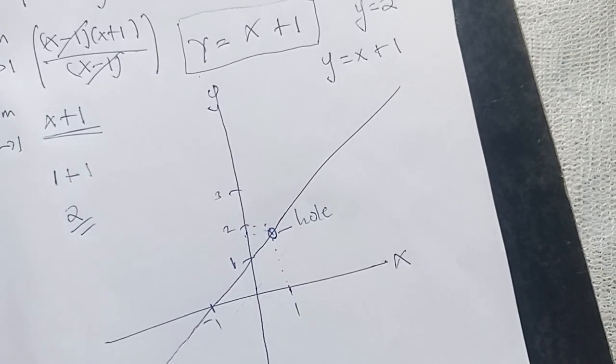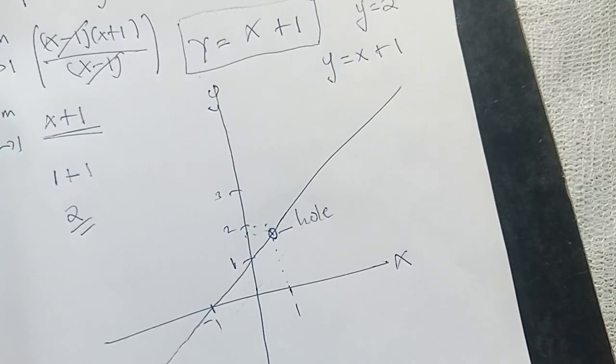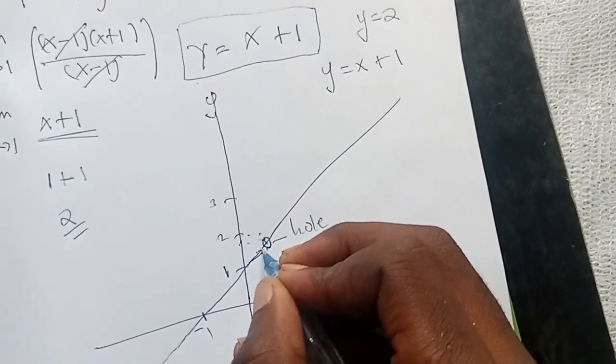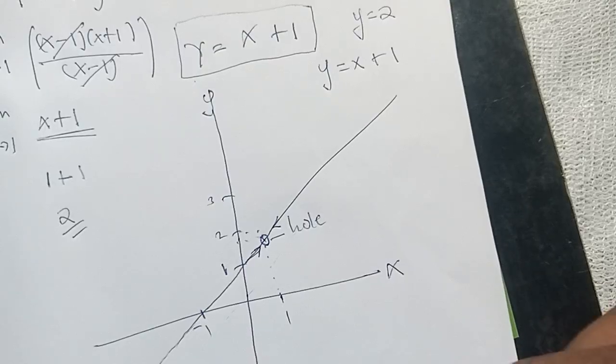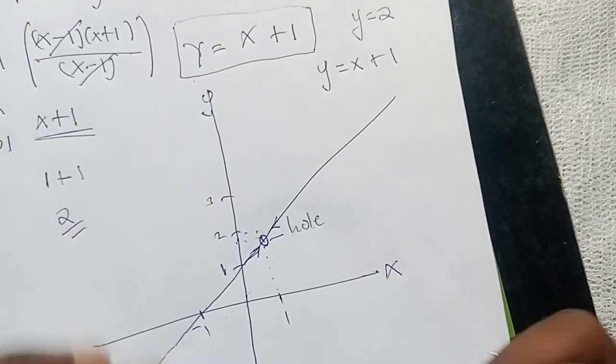It's a discontinuity, meaning at this particular point, the function is not defined. You can't reach that point. You keep on approaching that point from this side and this side, but you will never reach it because that point is a limit. This is what it means graphically.